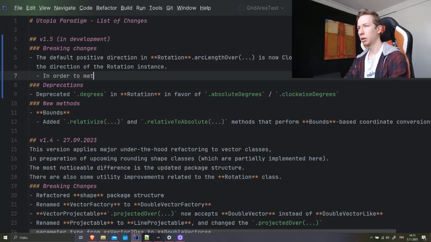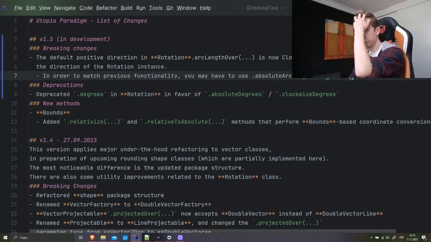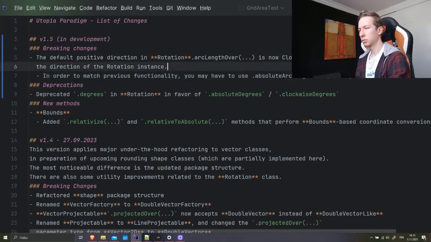In order to match previous functionality, you may have to use absolute arc length over distance. Yeah. So as long as people read this, which they might not, they shouldn't run into trouble if they do this fix early enough.